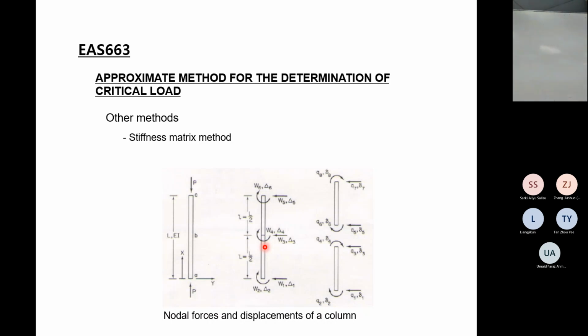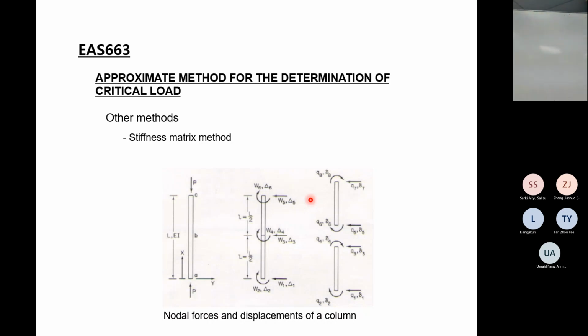So this W1, W2, we use the same symbol. So W1 is represented by this arrow here. So it is a kind of force. And the corresponding W3 and W5 also, these are forces. So these are actually the load acting in terms of forces.